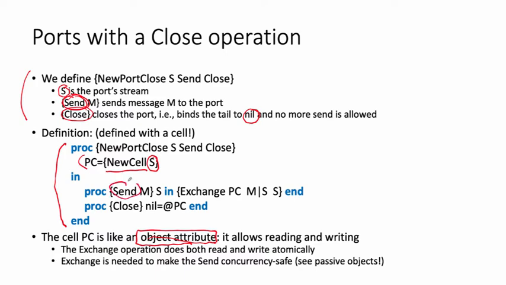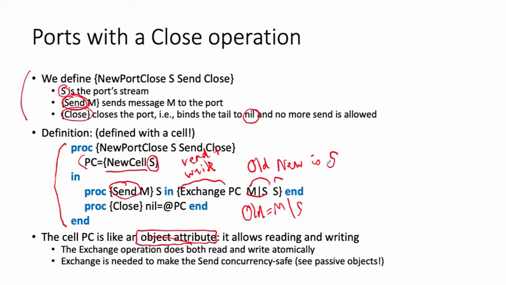The send will use an operation called exchange, which does both read and write in one operation. So the exchange will bind old to this argument, which is ms, and the new one will be this. So the exchange reads the old value and updates.